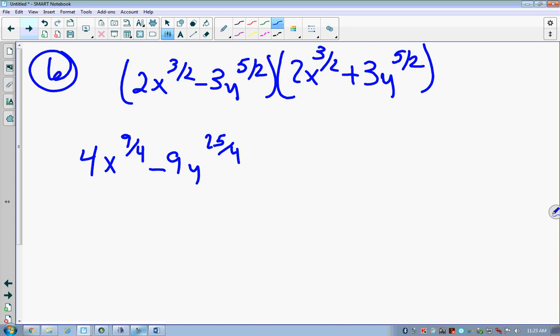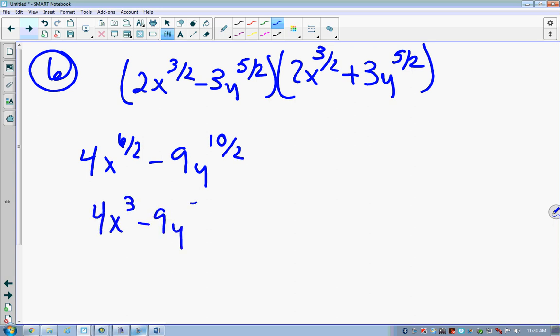Since you're adding the exponents instead of multiplying. You are adding the exponents. So 3 halves plus 3 halves is what? 3. 6 halves. Minus 9y to the 10 halves, right? All right, so 4x cubed minus 9y to the 5th. Good catch, David, again.